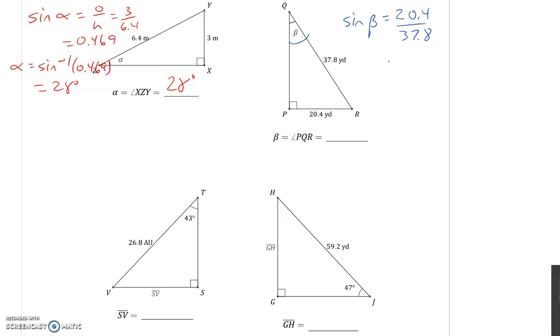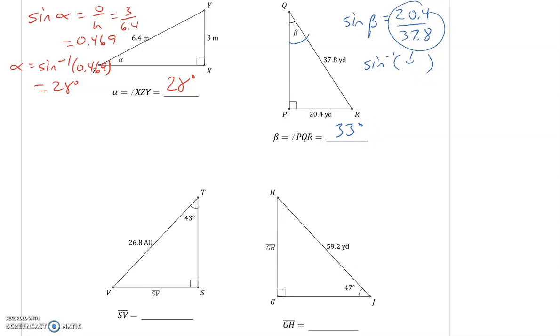Then we can take that and just inverse sine that, and we are looking at an angle of around 32, 33 degrees. I'll just round off, say 33 degrees. Of course, you want to take the inverse sine of whatever answer you got there to get that 33 degrees.